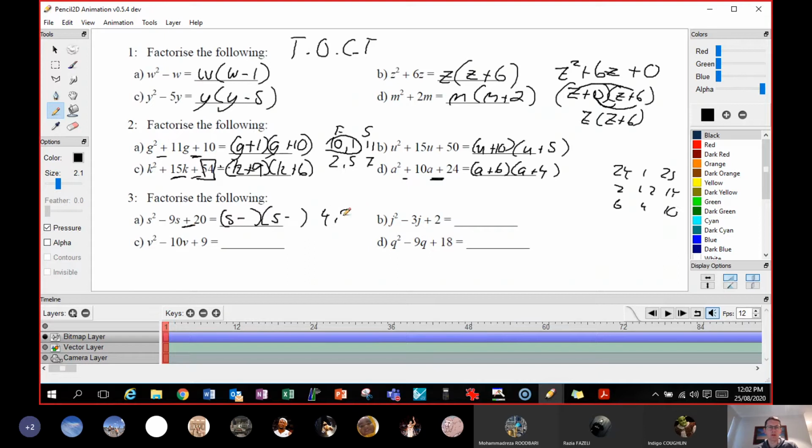So 4 and 5 would give you 20, and they would add together to give you 9. They'll both be negative, though. So you get positive 20 when you multiply them, negative 9 when you add them. 4 and 5. Here, again, we're looking at J. They're going to be the same, but they have to be negative, because a negative times a negative will give you positive.